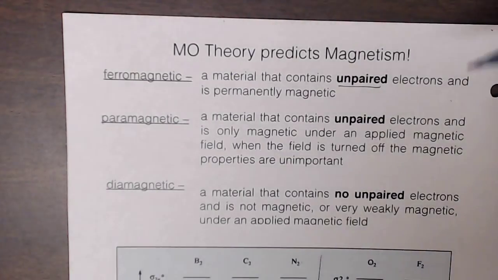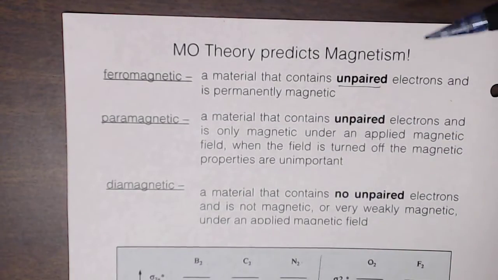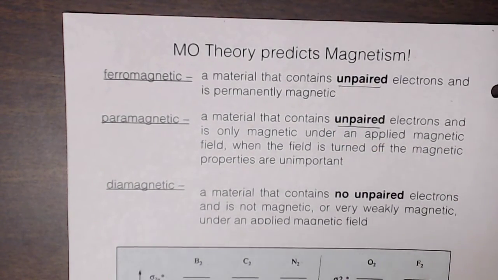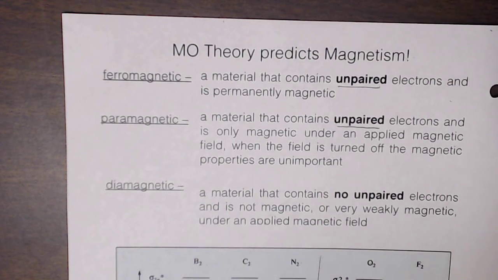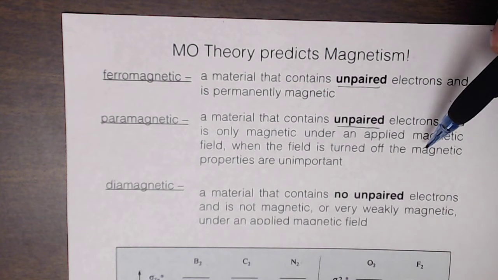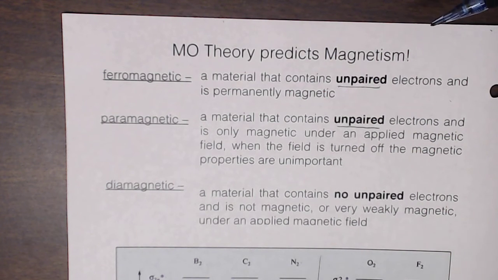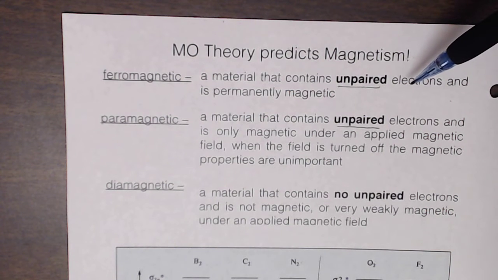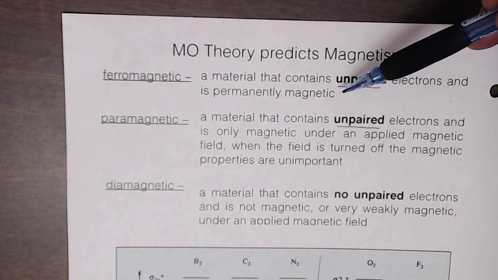There are 2 other types of magnetism. One's called paramagnetic, the other is called diamagnetic. So paramagnetic is a material that contains unpaired electrons and is only magnetic under an applied magnetic field. When the field is turned off, the magnetic properties become unimportant. Okay? And so that's different than ferromagnetic, because ferromagnetic is permanently magnetic.